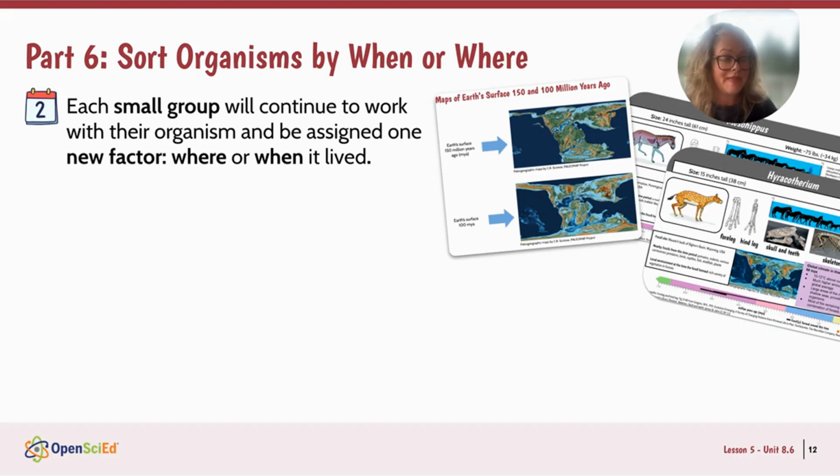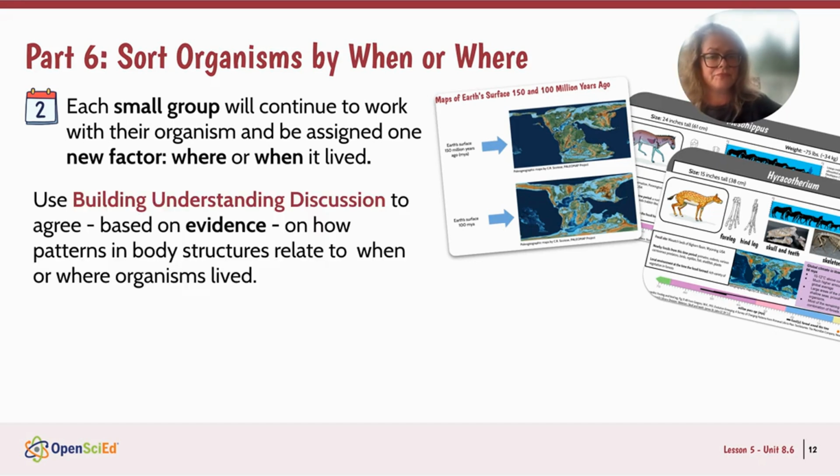On day 2, that brings us to part 6, where the students are now sorting these organisms by when or where they lived. Each small group will continue to work with the organism that they did the day prior, and they'll be assigned one new factor to explore more in depth. It's either going to be where or when it lived.